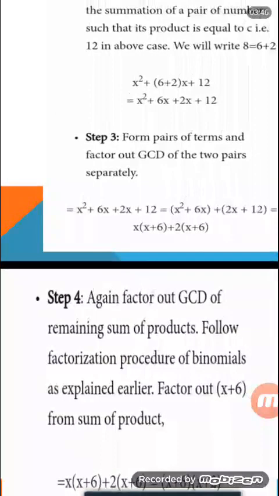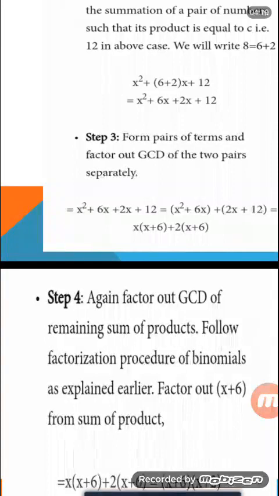Step number 4 is again factor out GCD of remaining sum of products. Follow factorization procedure of binomials as explained earlier. Factor out x plus 6 from sum of product is equal to x into x plus 6 plus 2 into x plus 6. You must get x plus 6 the same.